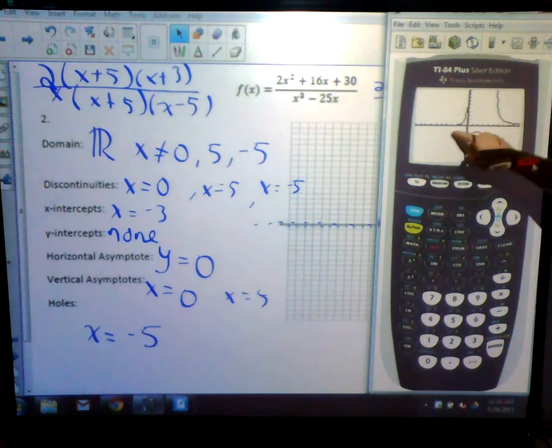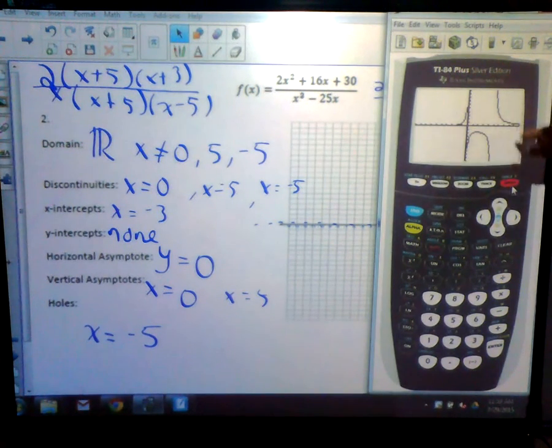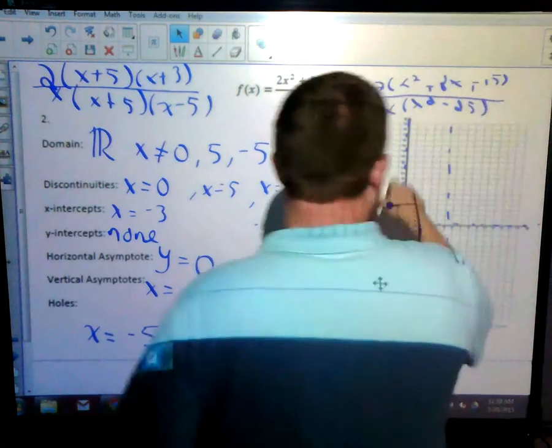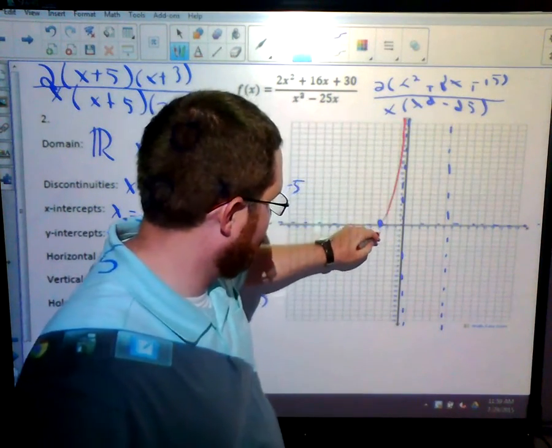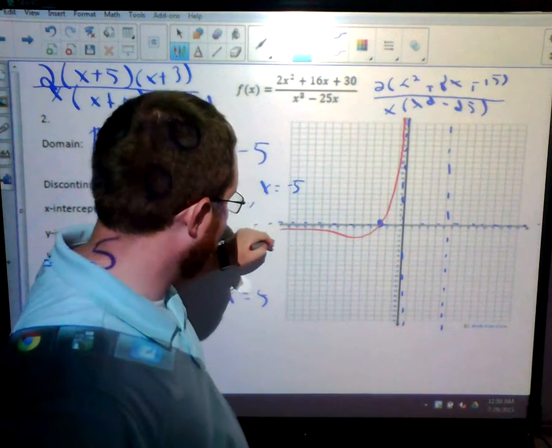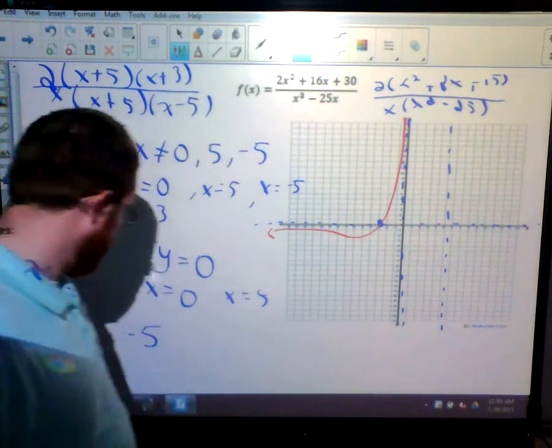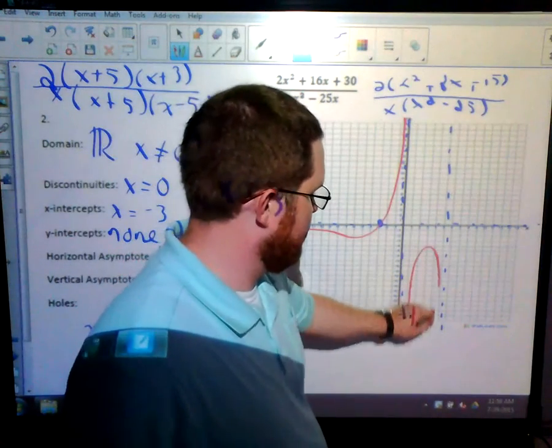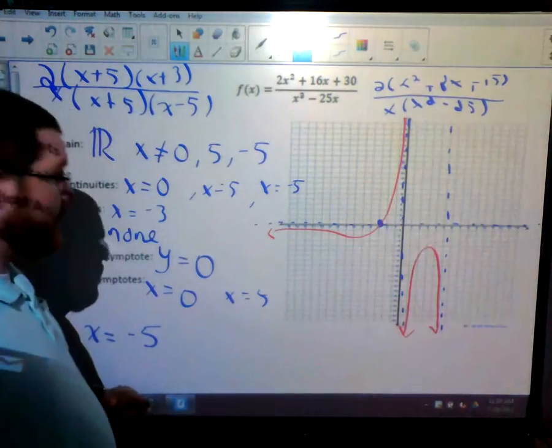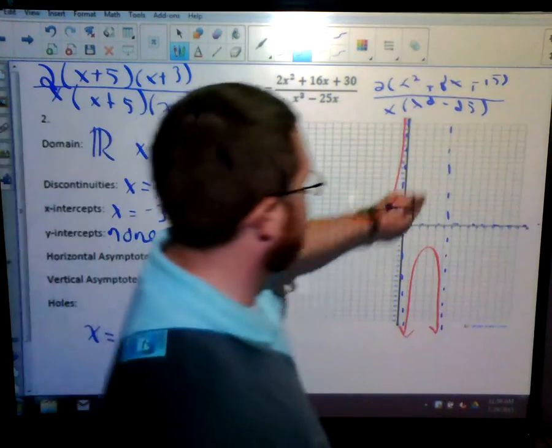So it goes down, up, and down. But we know it's got to go through that point. So it's going to go down, through the point, and then back up along the asymptote. And then it goes up like that. And then it goes down on the other side.